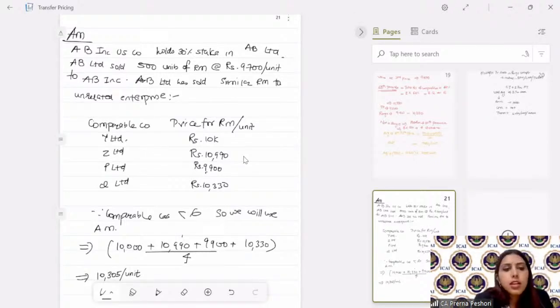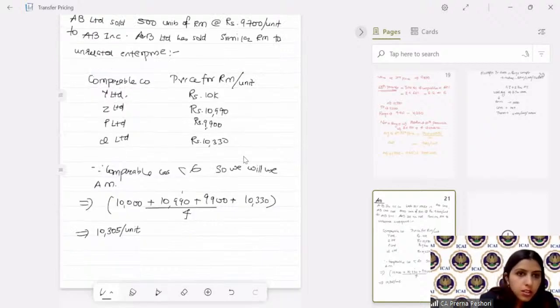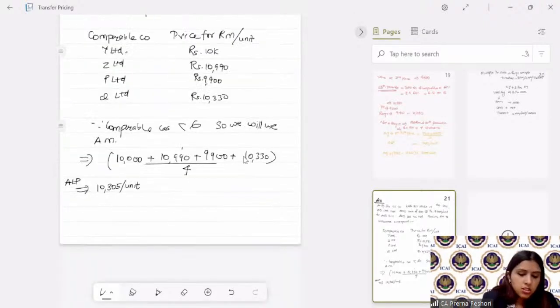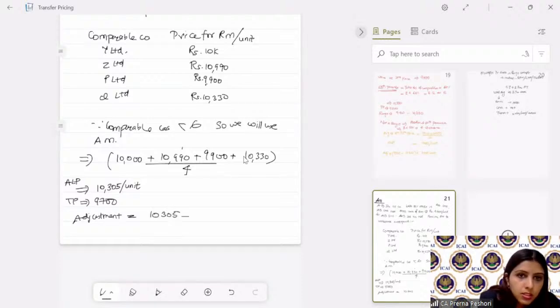This is your ALP. Now, what is your transfer price? You have sold for 9,700, right? So, should we make the adjustment of 10,305 minus 9,700?